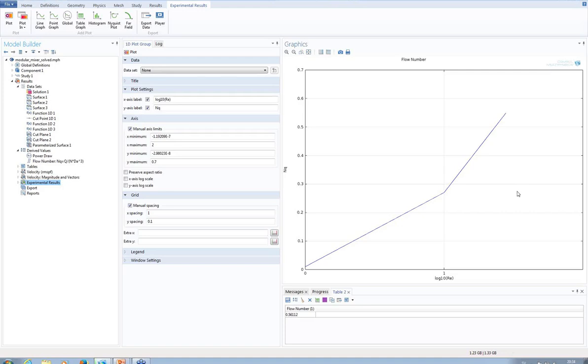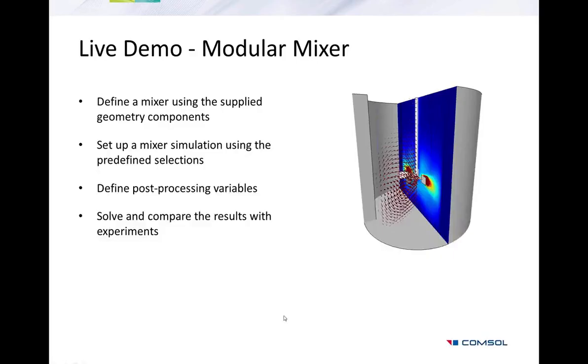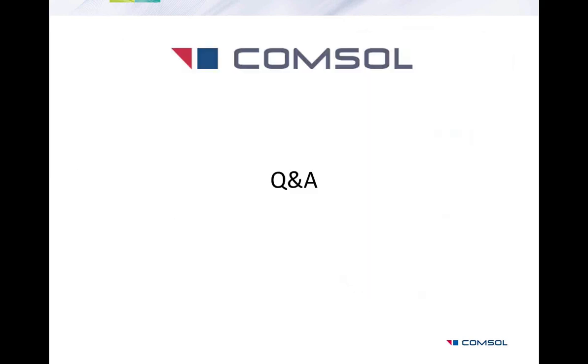We used the default mesh, and with a frozen rotor study type, we still managed to get very good results. So that's always encouraging. So that pretty much concludes my live demo, and we'll go back to the presentation. Thank you.